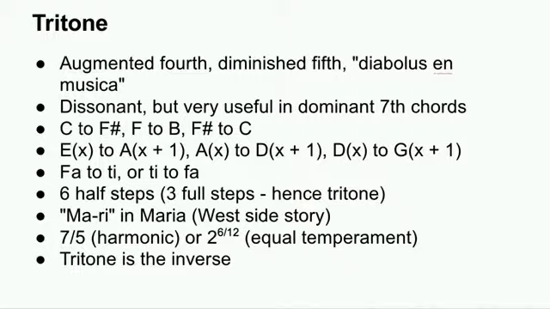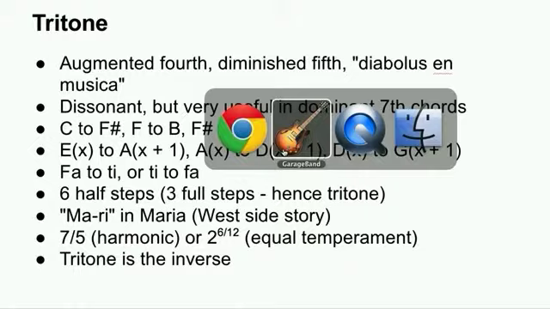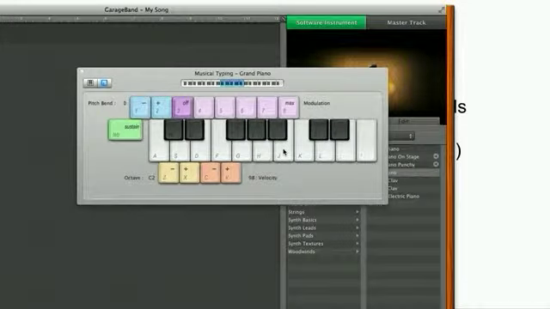So the inverse of an augmented fourth. So F to B is an augmented fourth. F to B flat would be a perfect fourth. So if you augment the flat in B flat, you get B. So F to B is an augmented fourth.